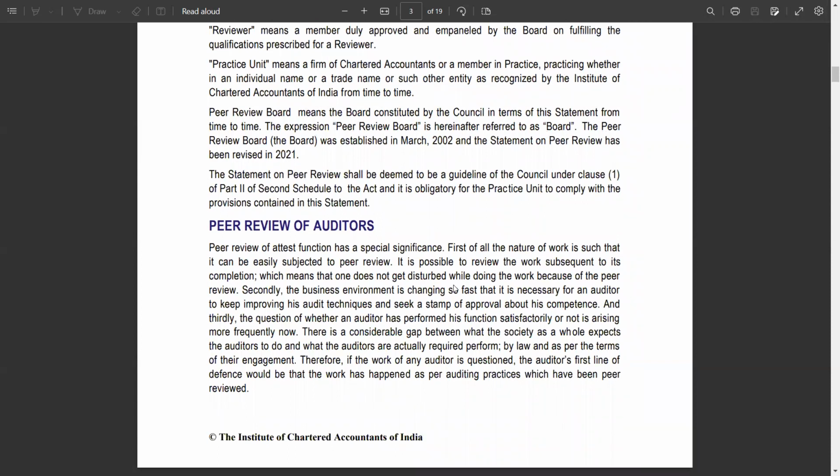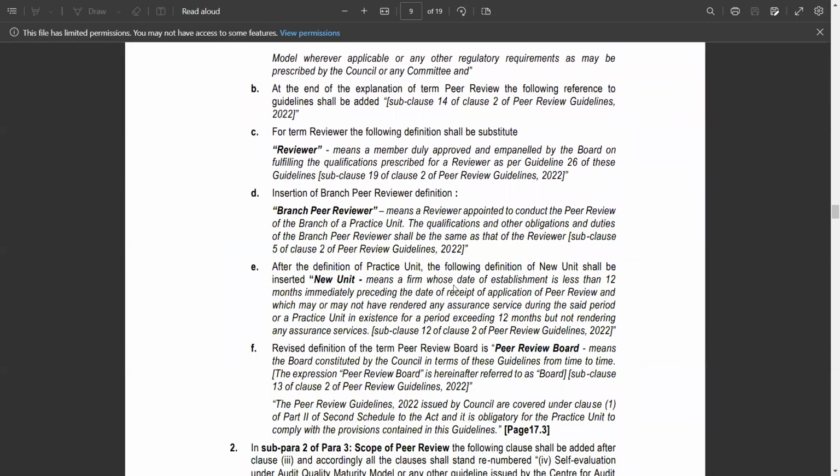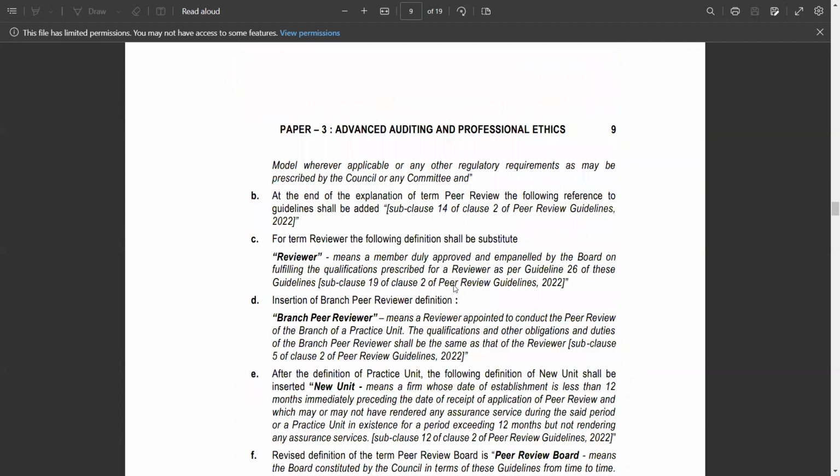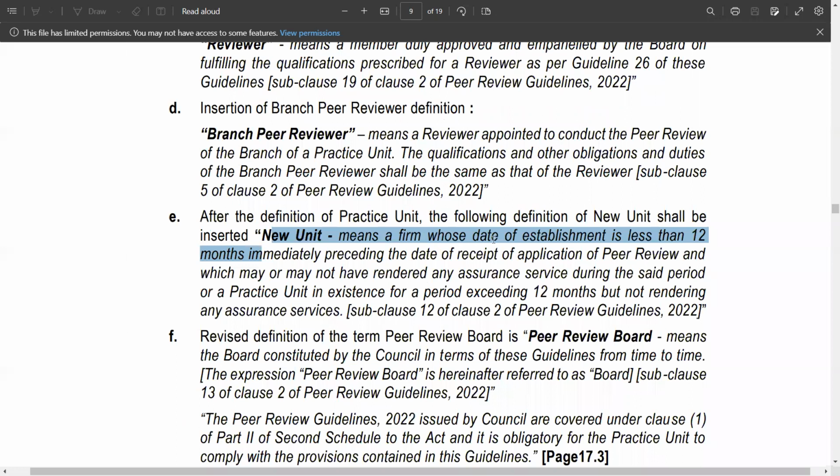So let me tell you what new unit is. New unit is also an amendment. Yeah, here it is. So what is the definition of new unit? A new unit simply means a firm which is newly established. There are two types of new units.